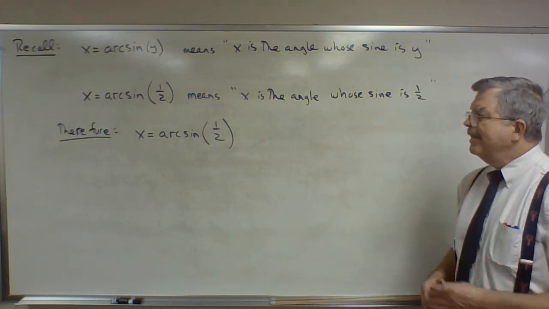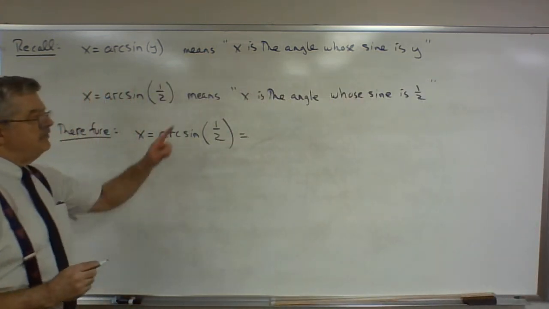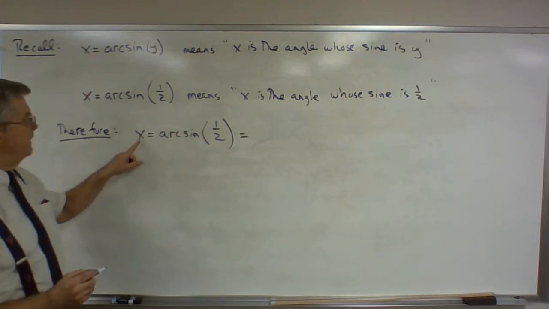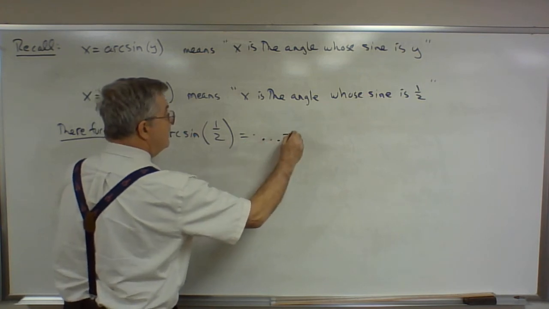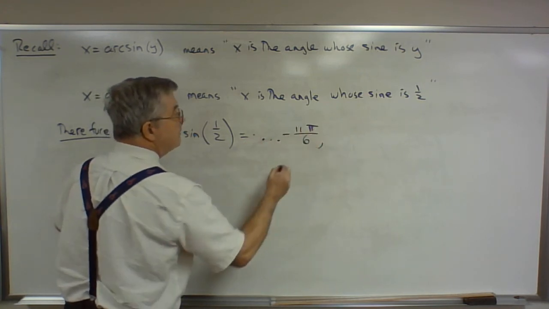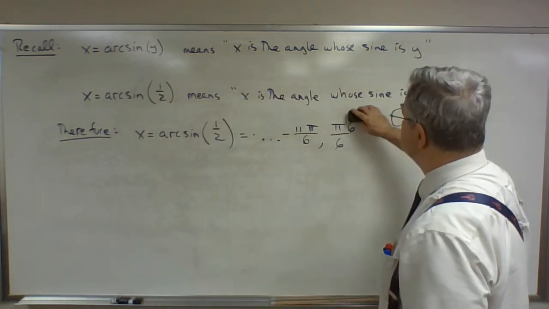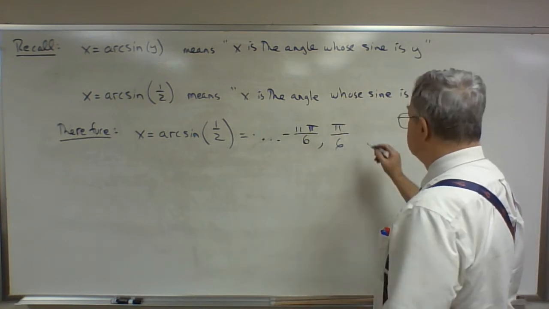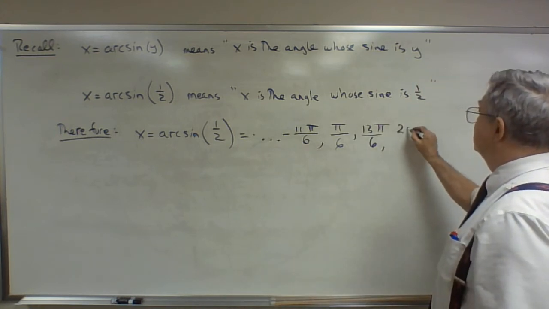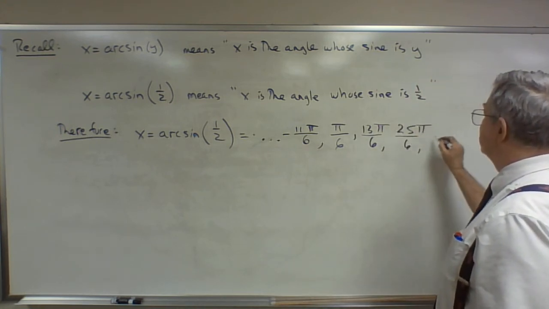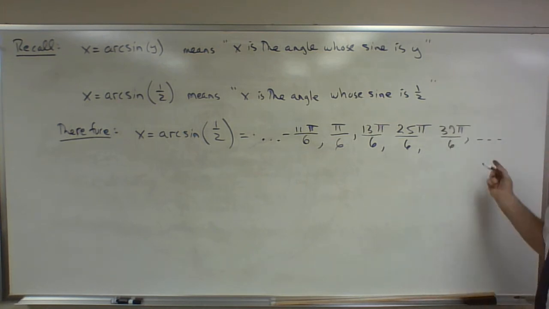Therefore, if x is the angle whose sine is 1/2, then x equals negative 11 pi over 6, pi over 6, 13 pi over 6, 25 pi over 6, 37 pi over 6, and off into the sunset.